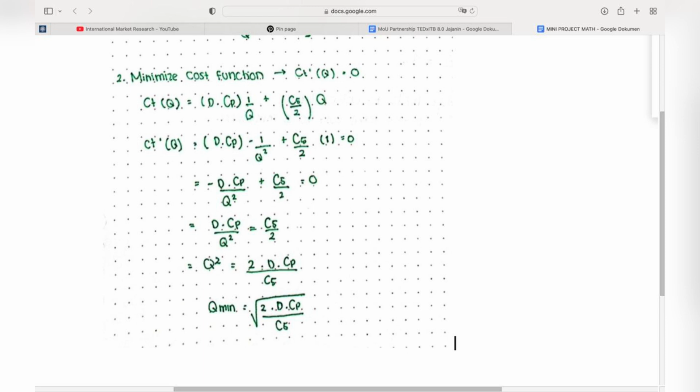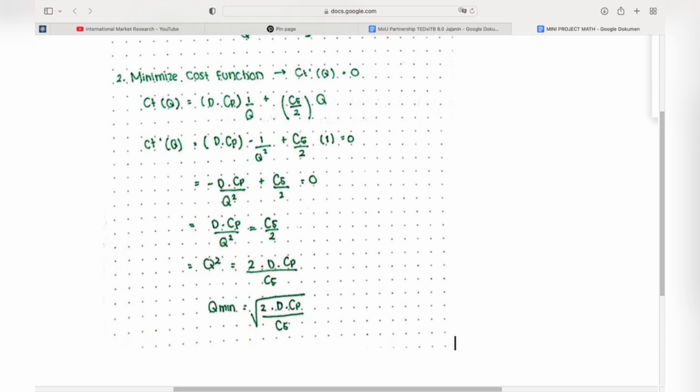Now let's set that to 0. That gives us minus D times CP divided by Q squared plus CS divided by 2 equals 0. Now let's rearrange the terms so the first term will be positive. That gives us D times CP divided by Q squared equals CS divided by 2.